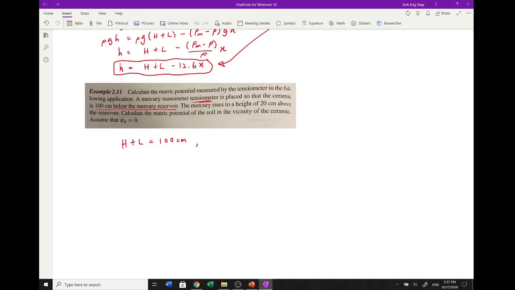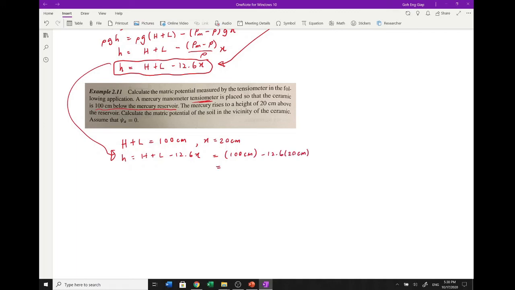So the x is 20 centimeters. So we can use the equation which is given as h plus L minus 12.6 x. So h plus L is 100 centimeters, minus 12.6 times 20 centimeters.